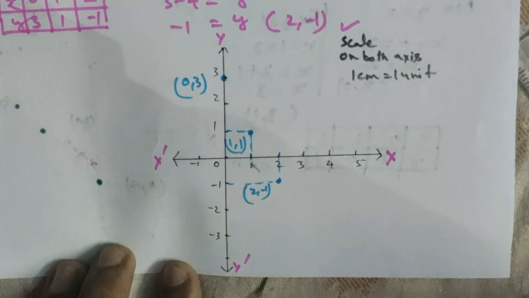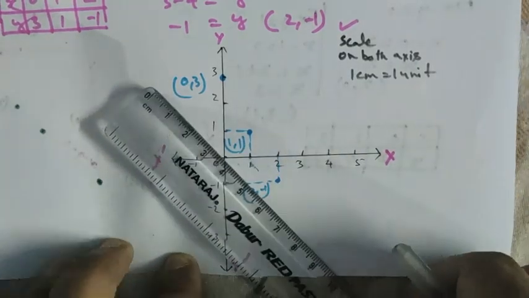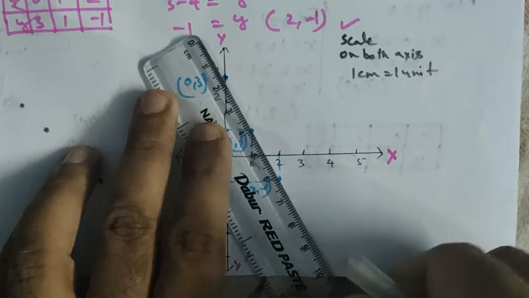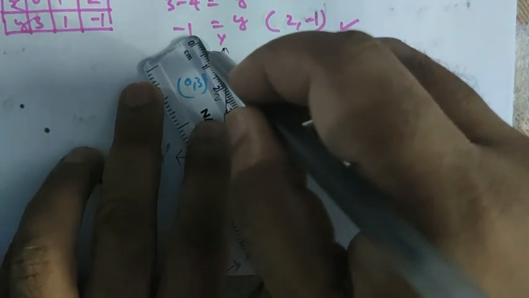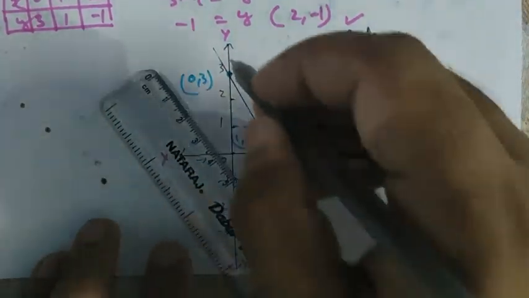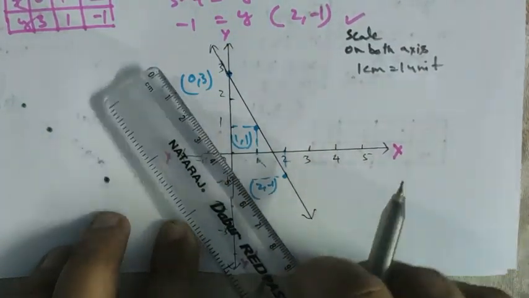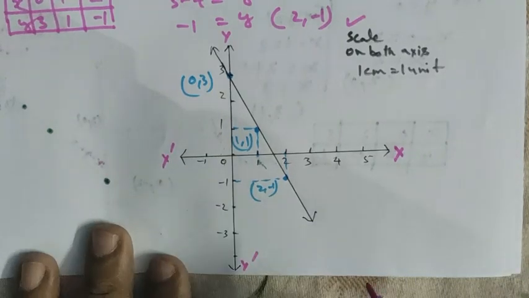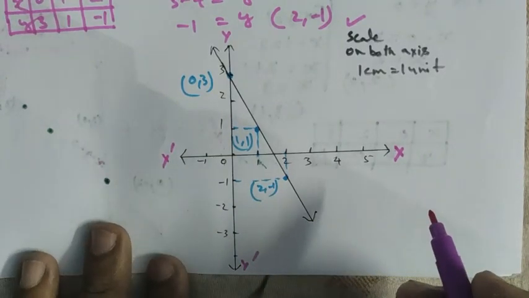So now we can check whether these 3 points are forming a straight line or not. Yes, it is forming a straight line. So we will draw it. This will be the plot of the given linear equation in two variables. We will write the equation on top of it. What is the equation?